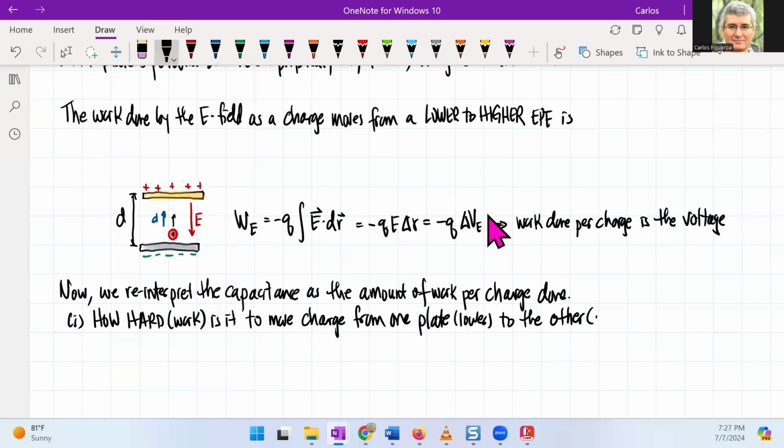In this case, it's going to be the upper plate. How hard is it going to move? It also tells us about the charge separation, right?